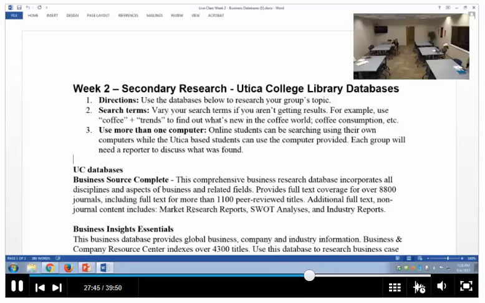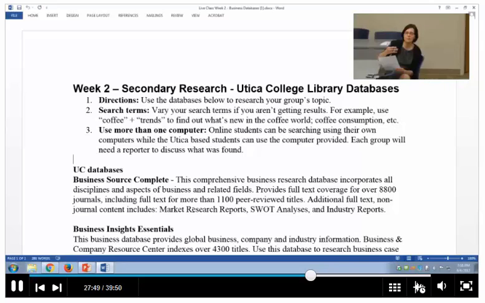Keep working the terms and seeing if it gives you something different. Once you find an article that really focuses on your topic area, read it and look for additional terms you can use to aid your search, because the terms are going to be key in the databases. I can't stress that enough.